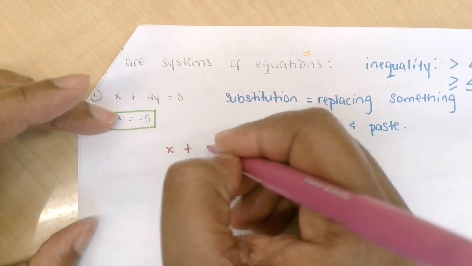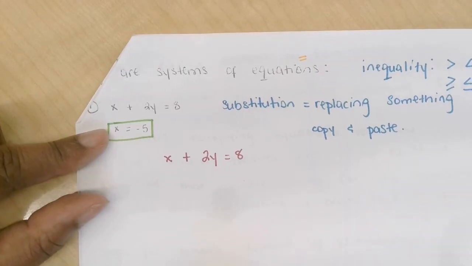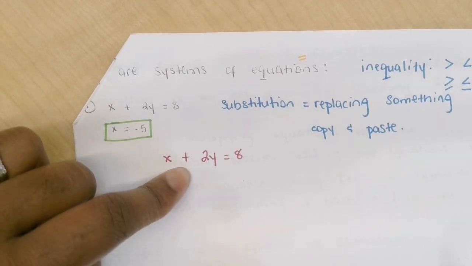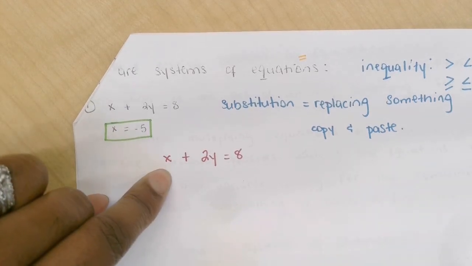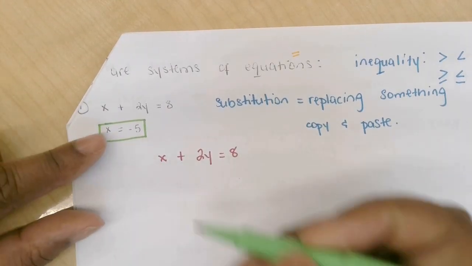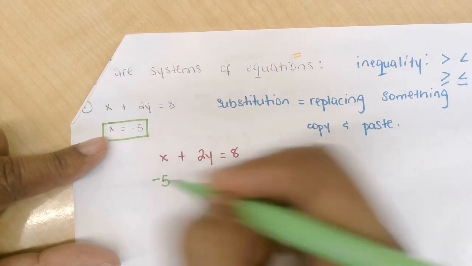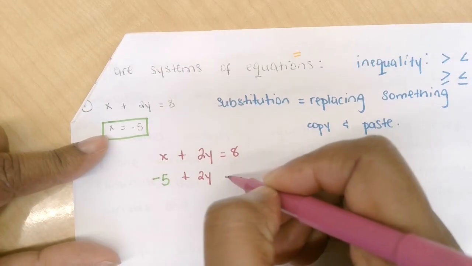Wherever I see x in this equation, the full equation, I'm going to copy and paste it where I see x. So, because I know that the value of x is -5, I'm going to say -5 plus 2y equals 8.